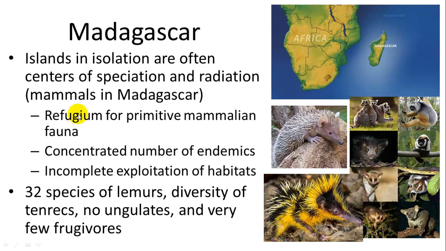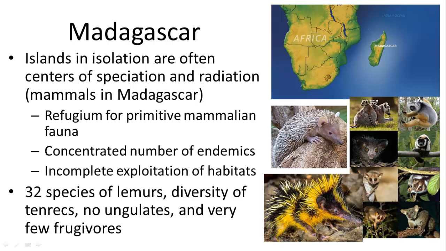So that habitat or niche is incomplete and not exploited. And so Madagascar has a very unique and curious mammalian fauna, unlike anywhere else in the world. And you will find some lemurs in Africa, but not anywhere near the diversity in Madagascar.